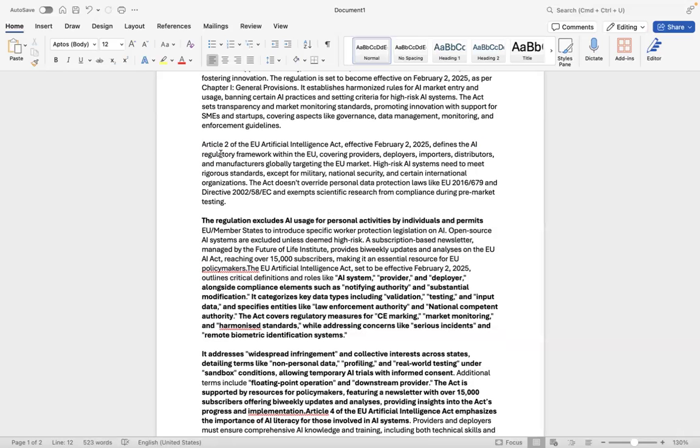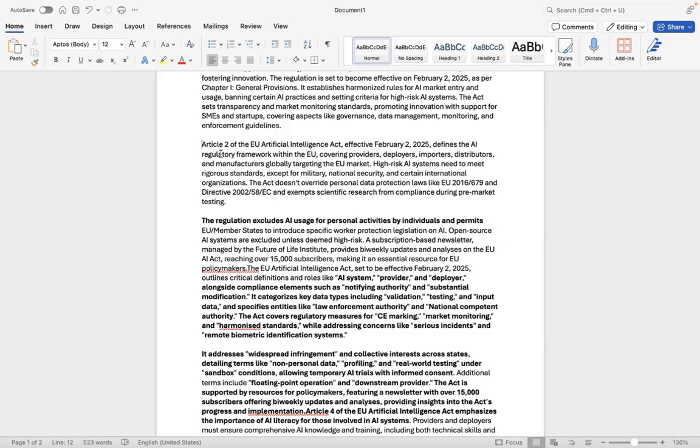So far, Article 1 was there. Article 2 of the EU Artificial Intelligence Act, effective February 2, 2025, defines the AI regulatory framework within the EU, covering providers, deployers. So this Article 2 spoke about the scope of the Act, right? So it covers providers, deployers, importers, distributors, and manufacturers globally, targeting the EU market.